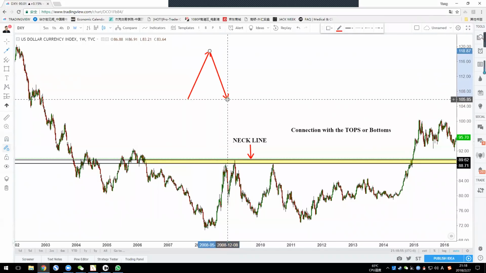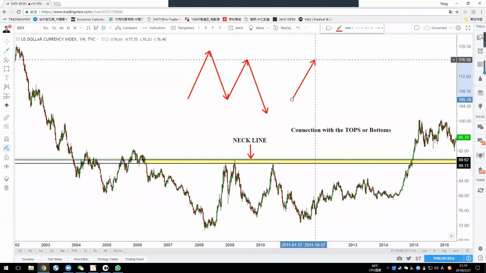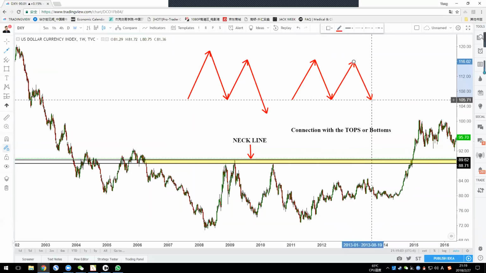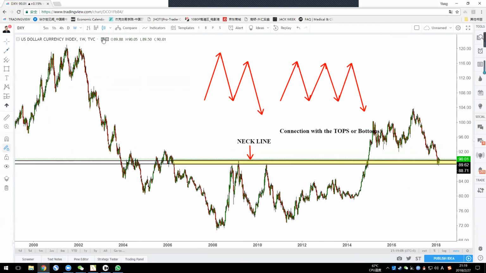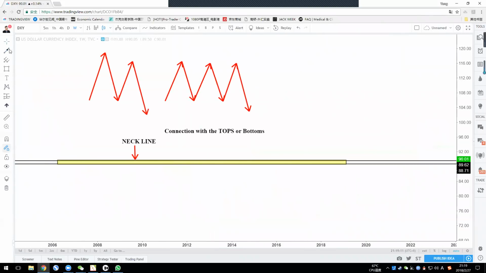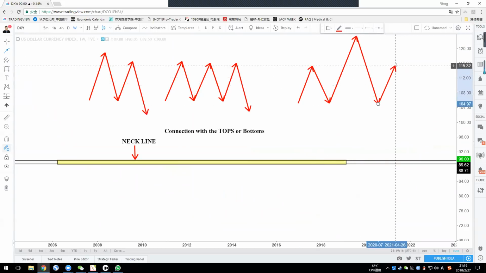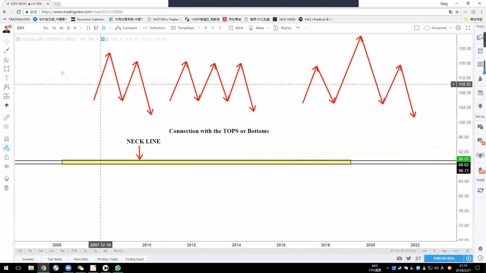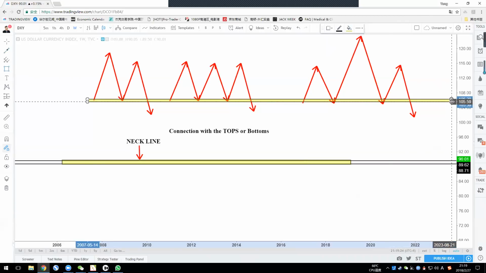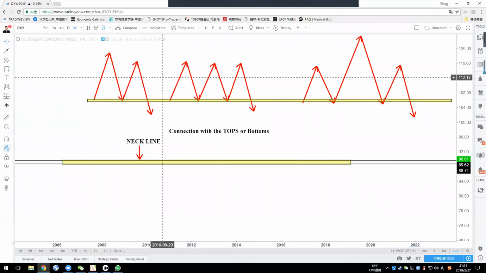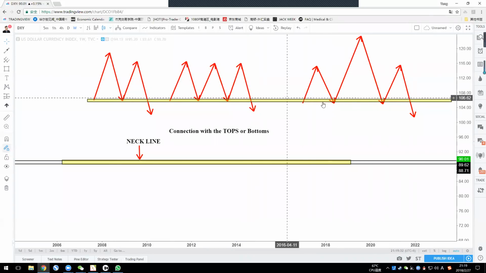Multiple tops, a traditional double top, a triple top, or a head and shoulders: left shoulder, head, right shoulder. The connection points make the neckline. We call these tops. The connection between the two tops, the three tops, or the head and shoulders is the neckline.